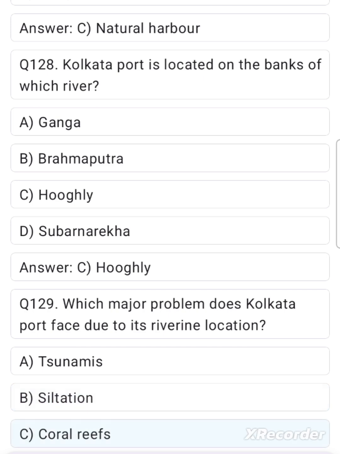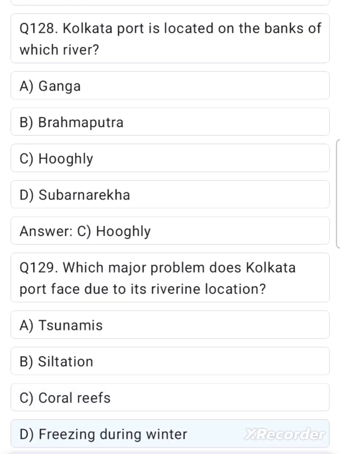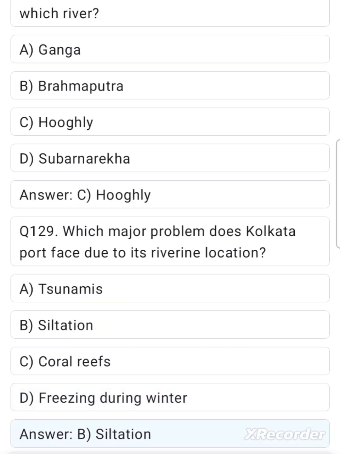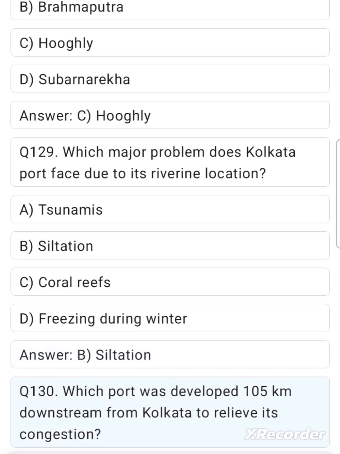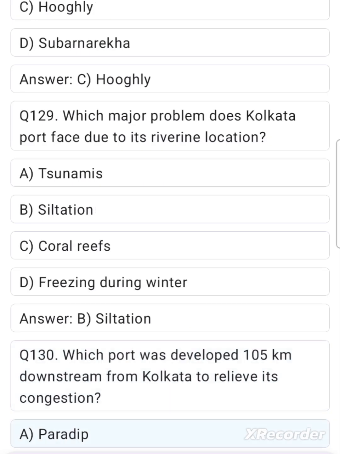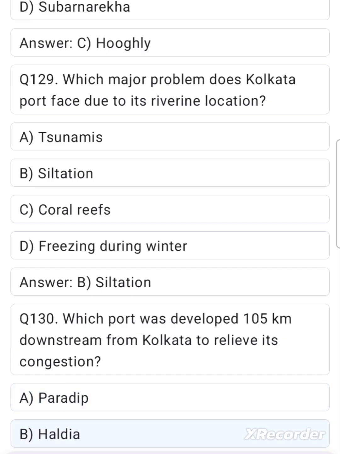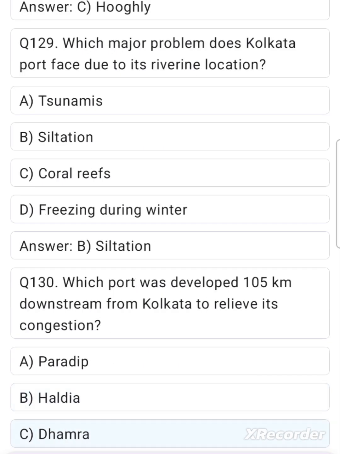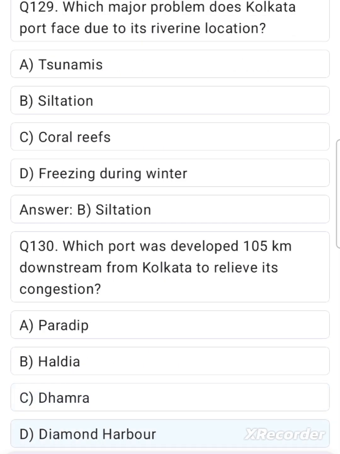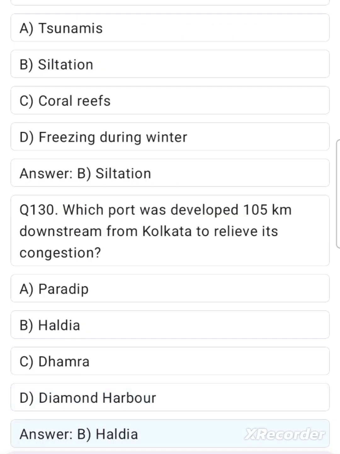C. Coral reefs. D. Freezing during winter. Answer B. Siltation. Q130. Which port was developed 105 kilometers downstream from Kolkata to relieve its congestion? A. Paradip. B. Haldia. C. Dhamra. D. Diamond Harbour. Answer B. Haldia.